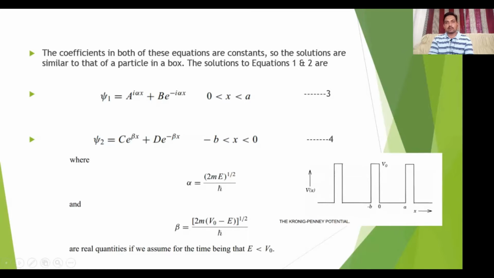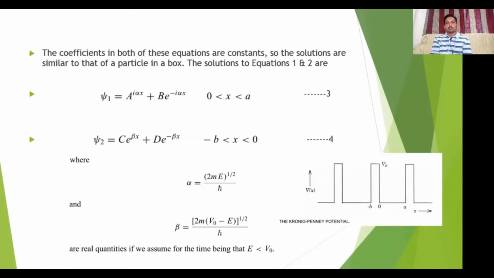And for the barrier, from minus b to 0, when x is greater than minus b and less than 0, the wave function is psi 2, which is C exponential beta x plus D exponential minus beta x.